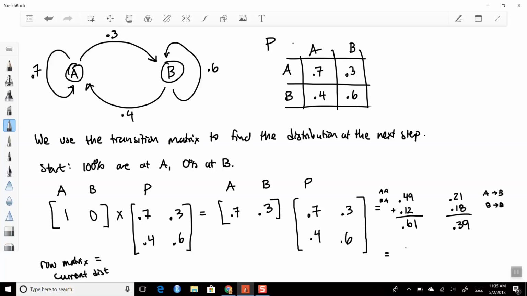So after the second phase, I have 0.61 and 0.39 distributed between A and B.